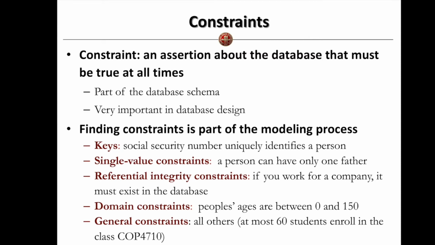Here we will cover more constraints. The first one is keys. Generally, keys are defined on entities. For example, for a person entity, we can use an attribute like the social security number as a key, because the social security number can uniquely identify a person. What is a key?